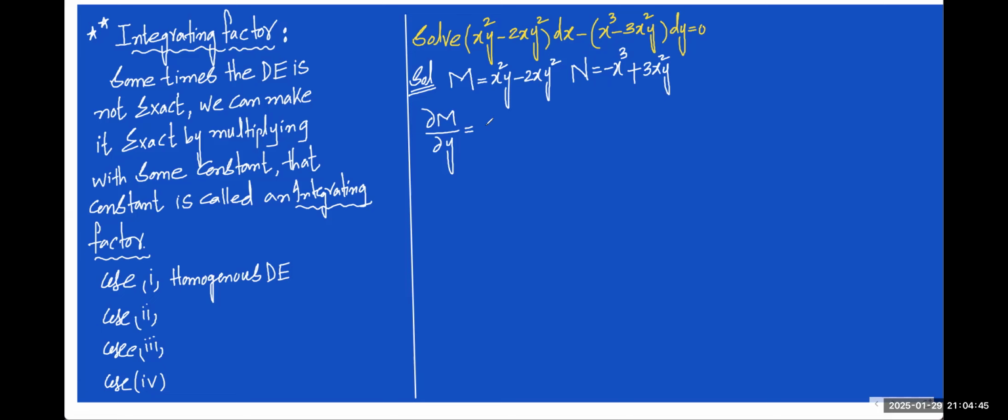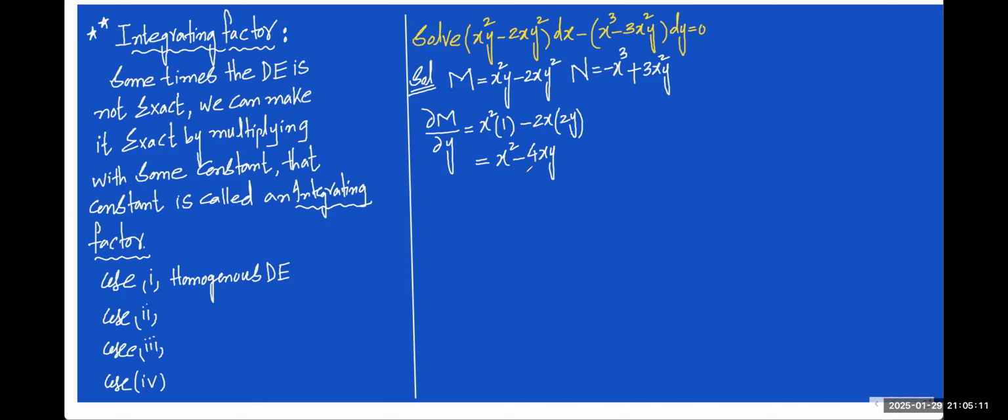It would be 1. x square with respect to y becomes 1. Minus 2x is a constant. y square with respect to y is 2y. So the final answer will be x square minus 4xy. Correct?